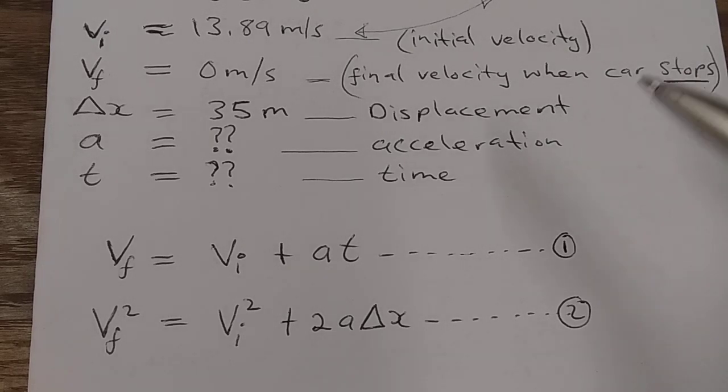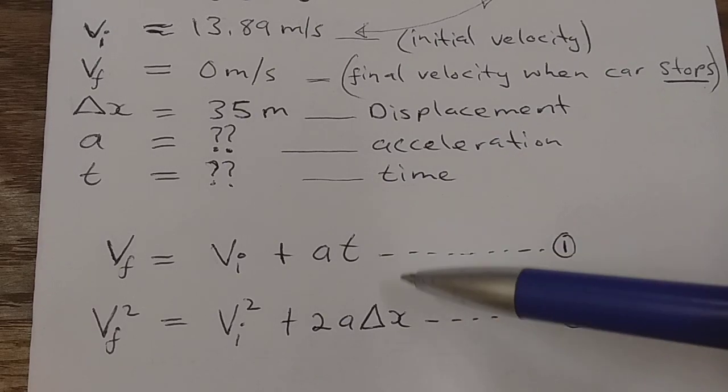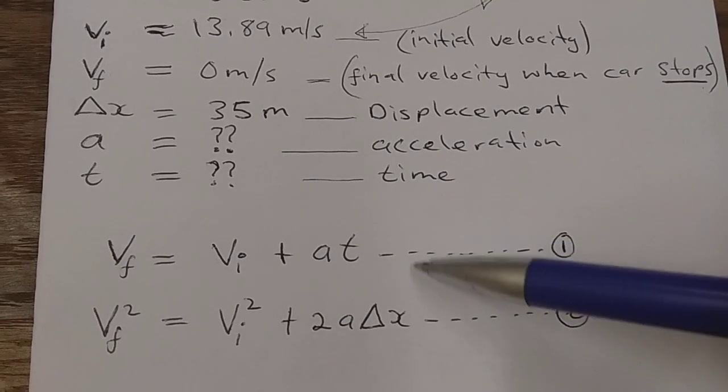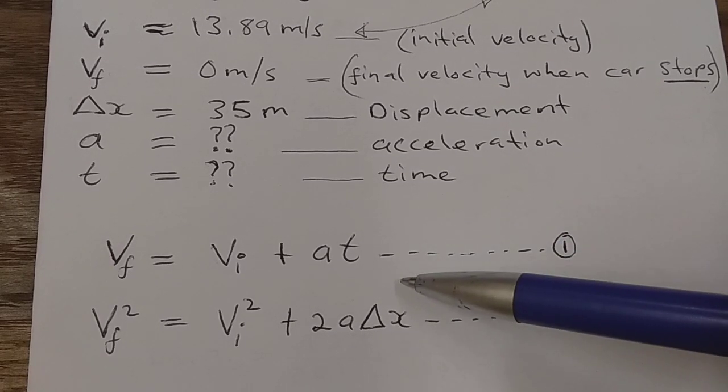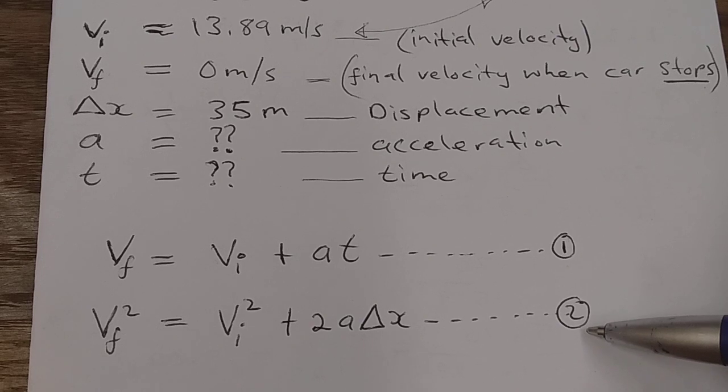We have two unknowns, acceleration and time, and two equations, equation 1 and equation 2 of motion.